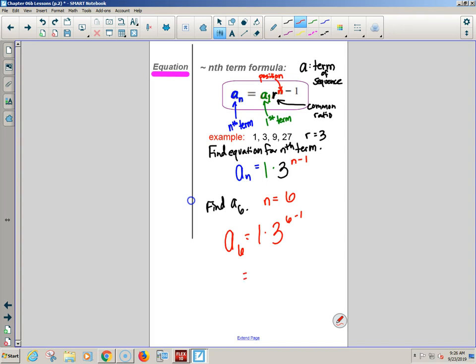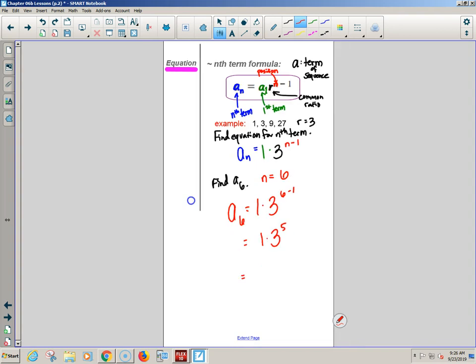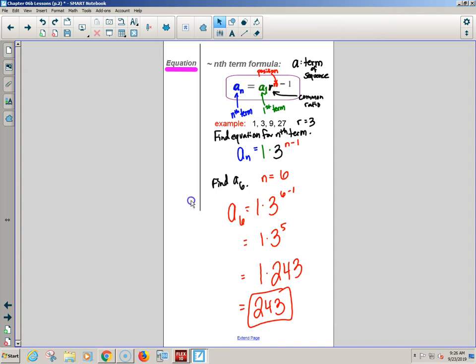So instead of having to, in my calculator, say times 3, times 3, times 3, times 3, I can jump to that position just by plugging into my formula. So it'd be 1 times 3 to the 5th. PEMDAS says do that exponent first. 3 times 3 is 9. 9 and 9 is 81. I think that's 243 if you guys were to actually multiply. And my final answer is 1 times 243. That's how you finish homework.